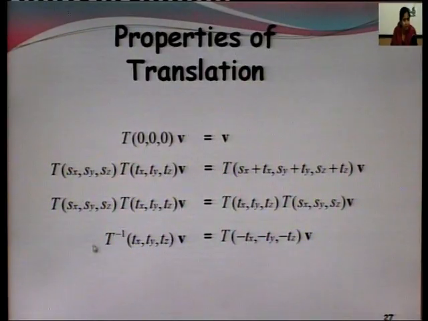And for every transformation there exists an inverse transformation in which the translation vector is simply replaced by the negative values of the translation distances.